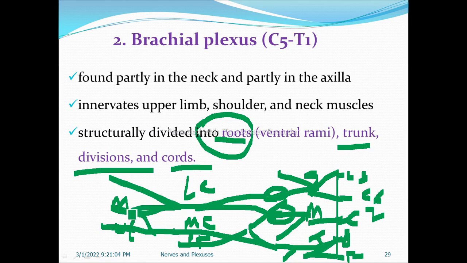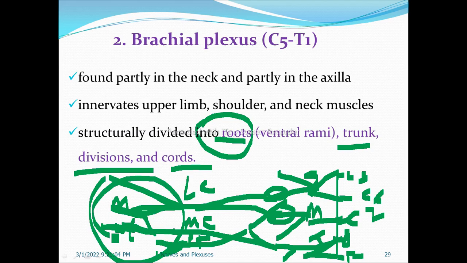This is M-shaped: musculocutaneous, median and ulnar nerves. Finally, the posterior cord gives two nerves: the axillary nerve and the radial nerve. So at the end there are five nerves, the terminal nerves of the brachial plexus.